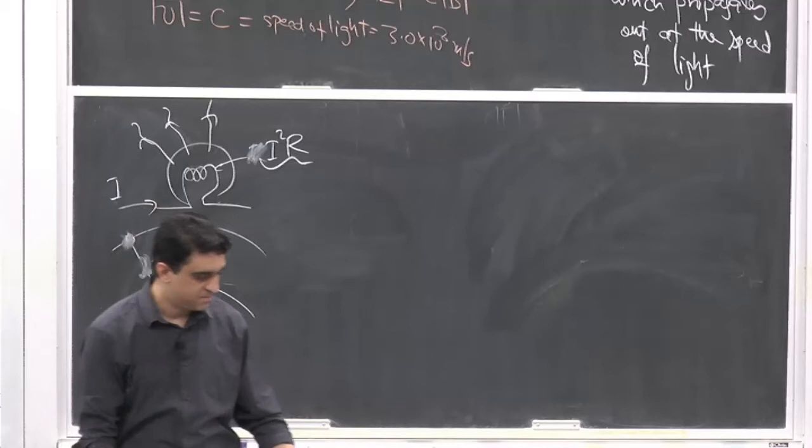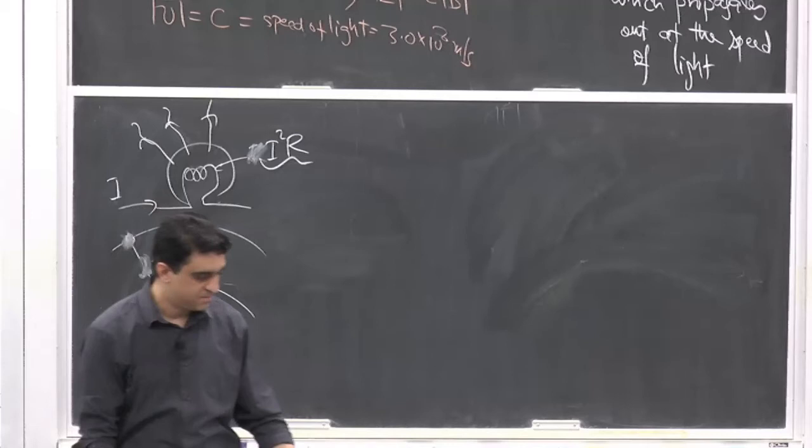And then I want to find the radiative field at a certain point P along the y-axis. So the oscillation is along the z-axis, but I want to find the radiative electric field at this location P, which is along the y-axis.